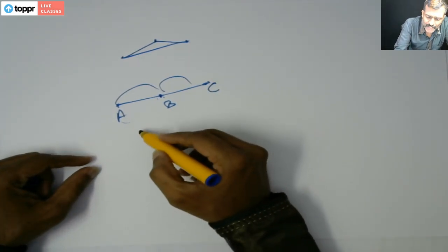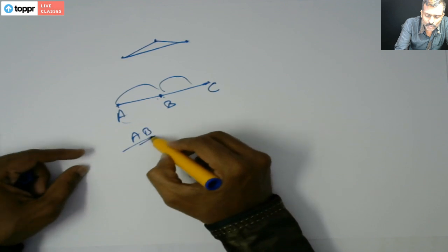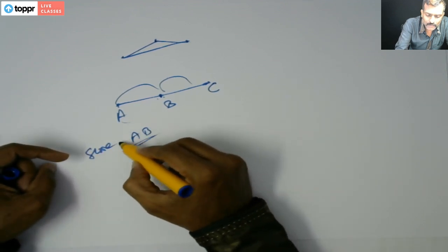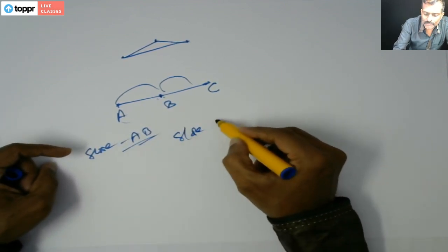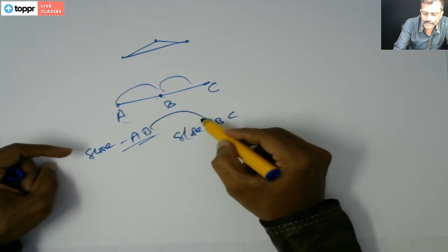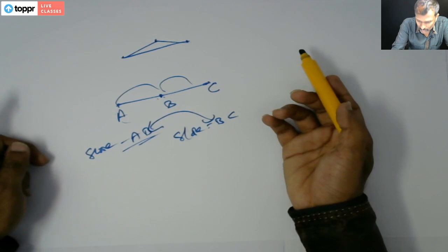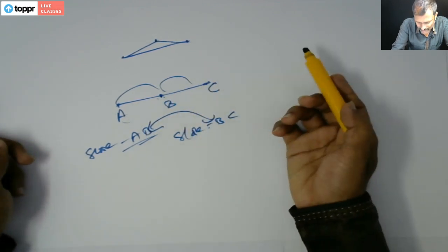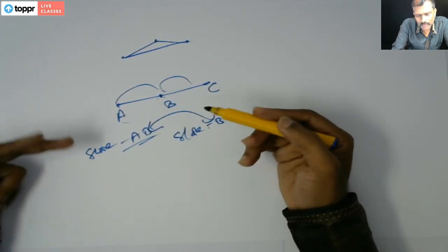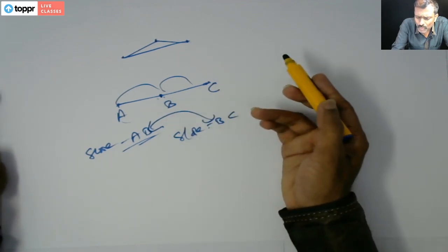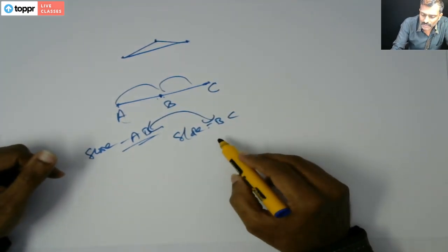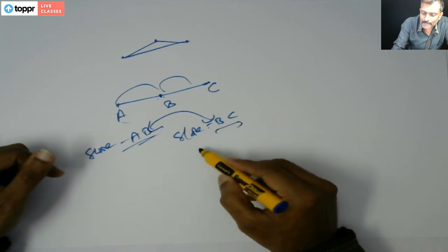And the simpler way I feel is to find the slope of AB and the slope of BC. If these two are equal, then you can simply say these 3 points are collinear. You might say the two line segments can be parallel also.